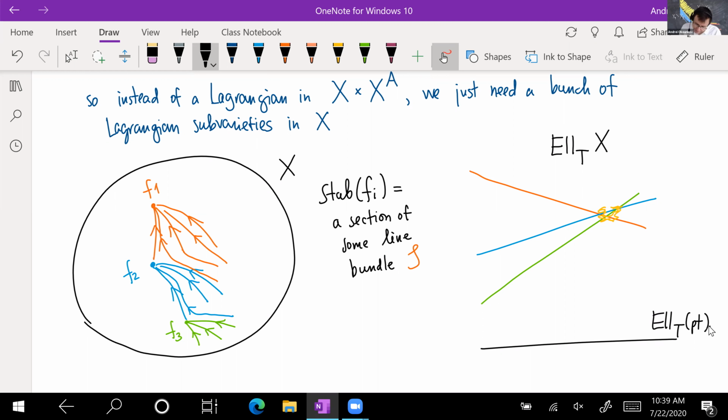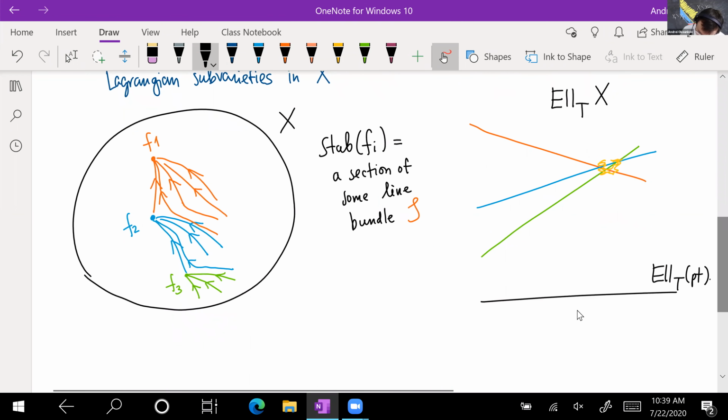Which we can further map to the elliptic homology of T of A of a point, where the parameter H lives.